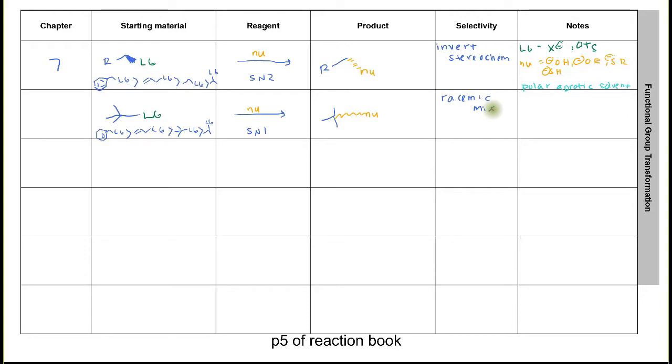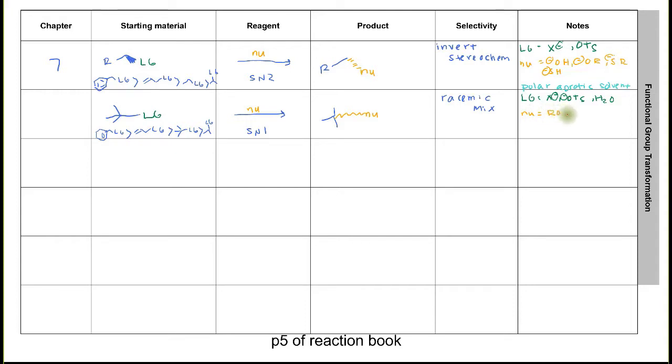So for this one, our leaving group options are X minus, OTs, or water. So halogens, the tosyl group, or water, and our nucleophiles are neutral ones, things like alcohols.